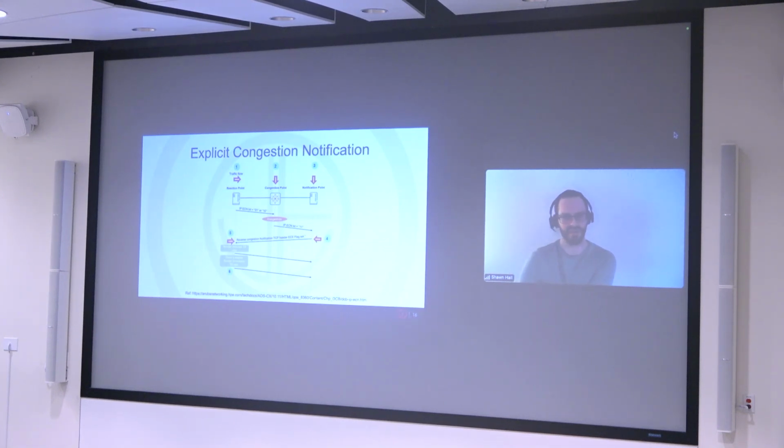Let's say 20% of your frames will start getting marked that the switch is experiencing congestion, and then the receiver will see that and send a congestion notification back, and the sender can then use that to slow down. It's less forceful. It doesn't say stop all traffic. It just says, I'm starting to see some congestion here, so the sender can slow themselves down.